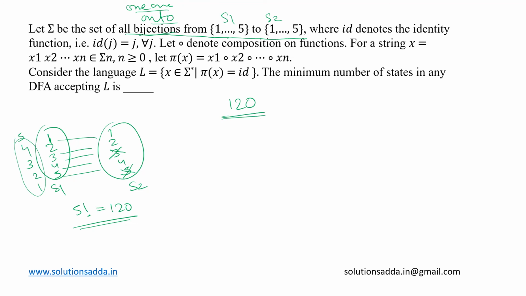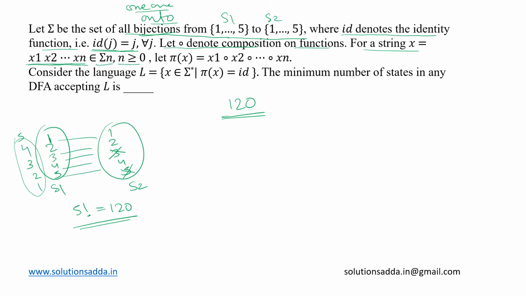Next, we can see that id is denoting the identity function, which means identity of j equal to j. Just a simple identity function as we have in group theory. Now let this denote a composition on functions for a string x such that x1, x2, ..., xn, which means concatenation of these n strings, for all sigma, n greater than or equal to 0.